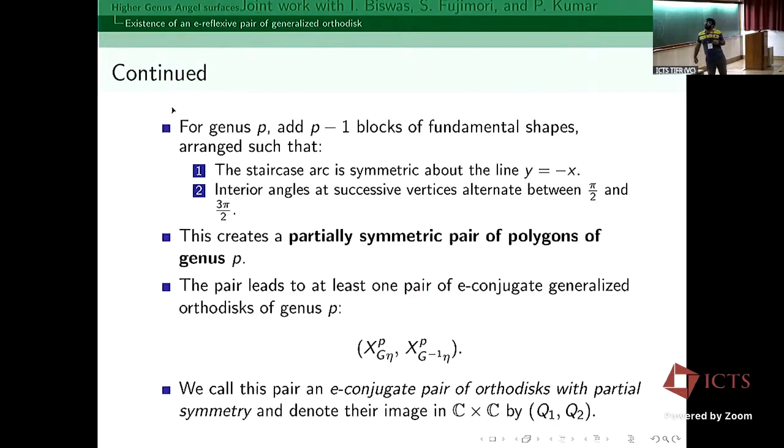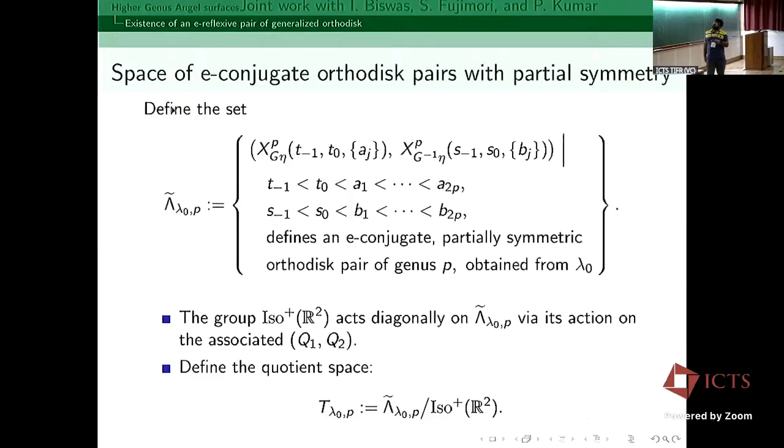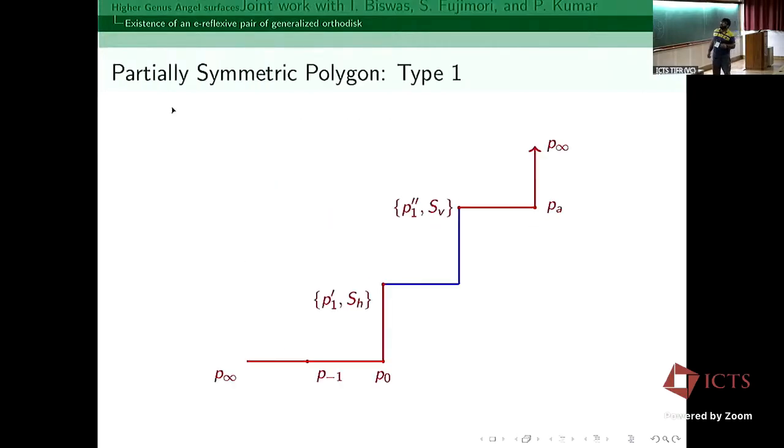For a pair, we define the image by Q1 and Q2. Now we collect all such general orthodisk pairs, and we put a condition that we take all those which define an E conjugate partial symmetry orthogonal pair obtained by lambda naught, just like we had here.